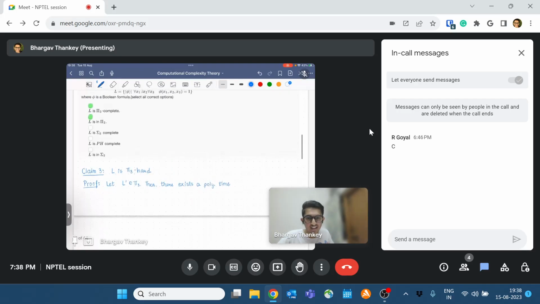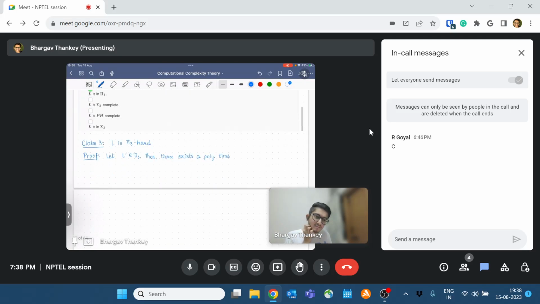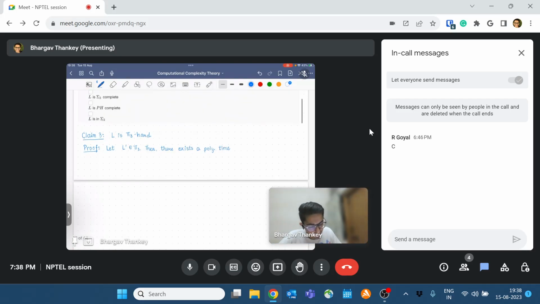Since satisfiability is NP complete, but with a few more quantifiers, this Boolean formula is basically the satisfiability analogue of sigma 3. So the proof is going to do exactly the same thing. In fact, it would heavily use the idea of the Cook-Levin theorem proof. It would basically use that as a black box. Okay.